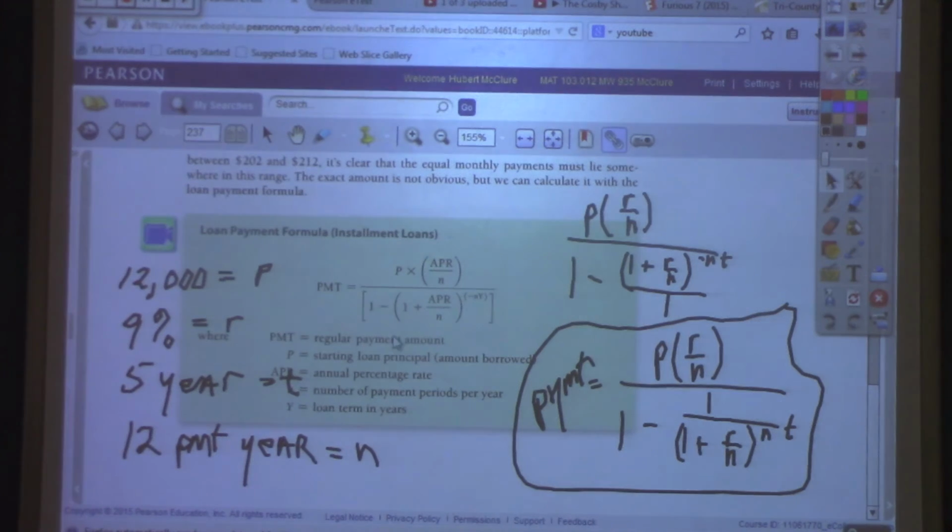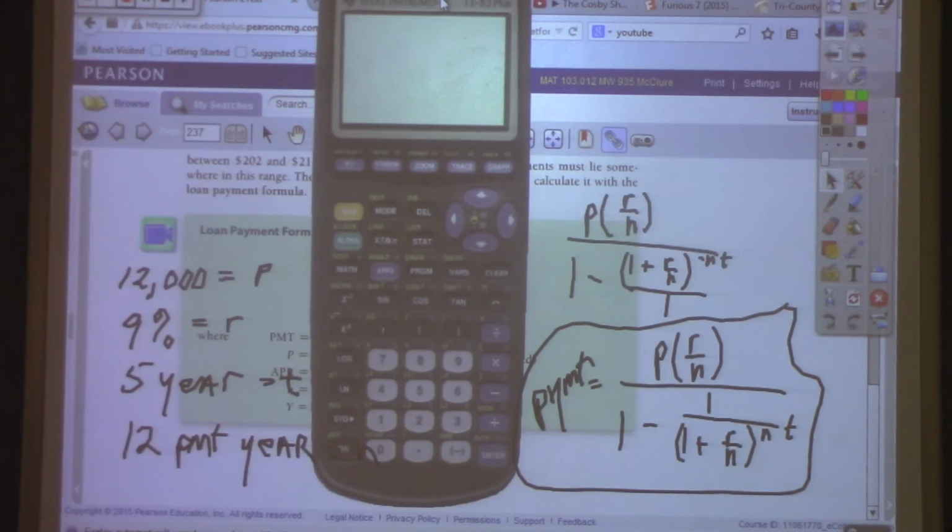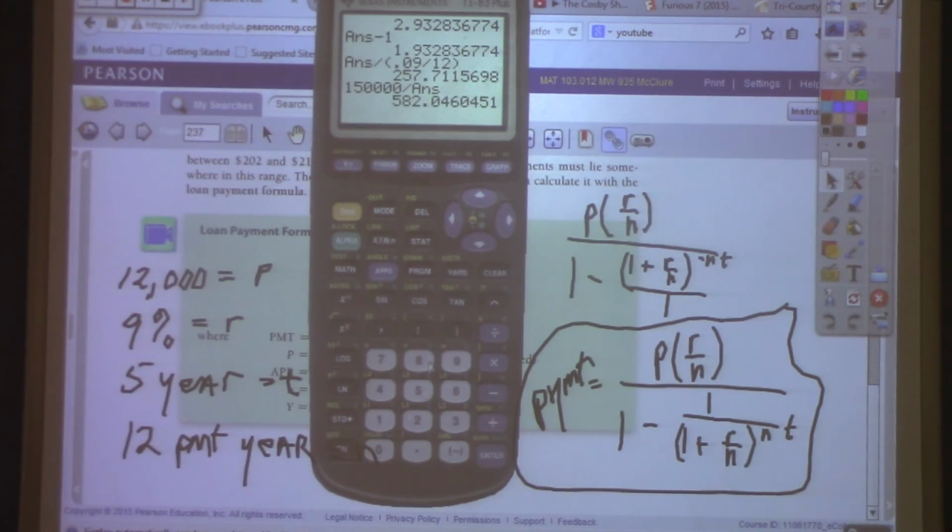There we go. All right, so we're gonna take 1 plus R over N, so R over N is gonna come out to be... let's do R over N first. R is 0.09, so 0.09 divided by 12 is equal to 0.0075.